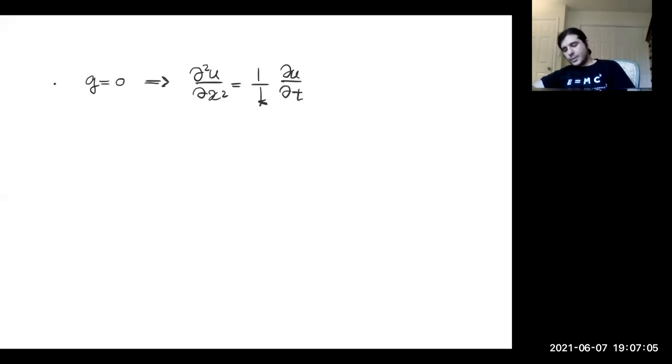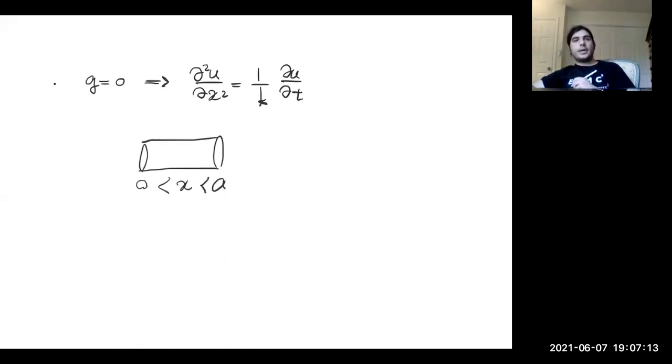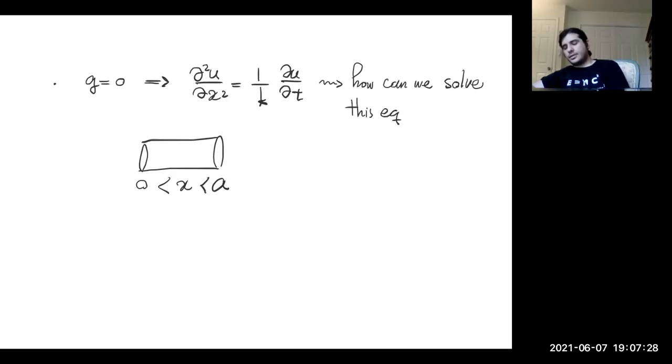Suppose this region we have starts at x equals 0 and ends at some x equals a, okay? The idea is how can we solve this equation?